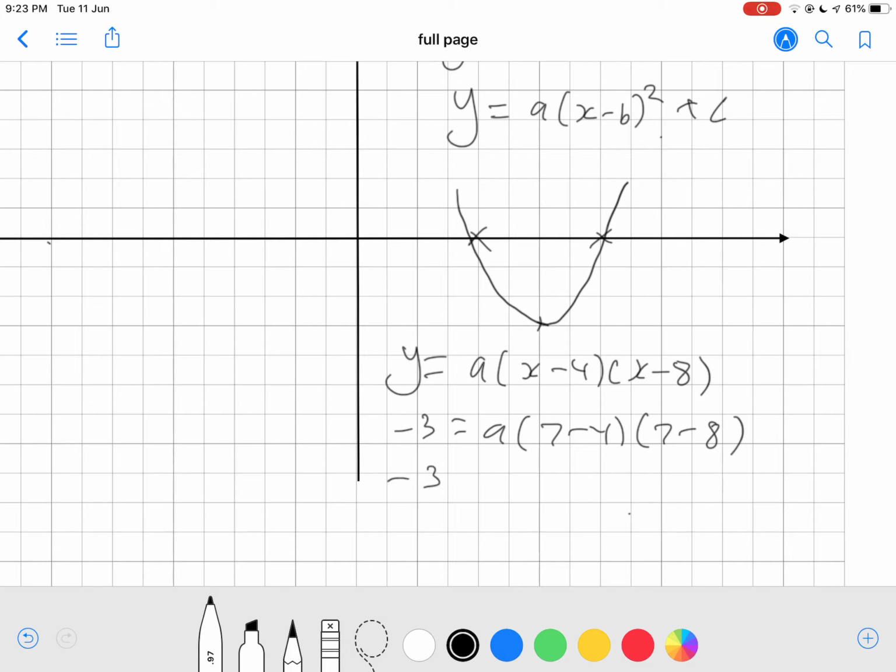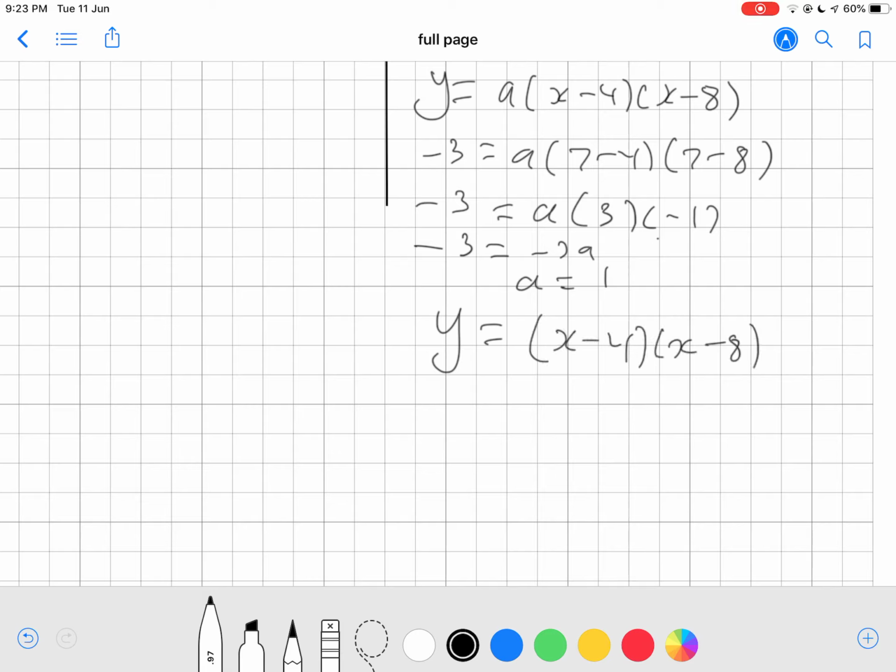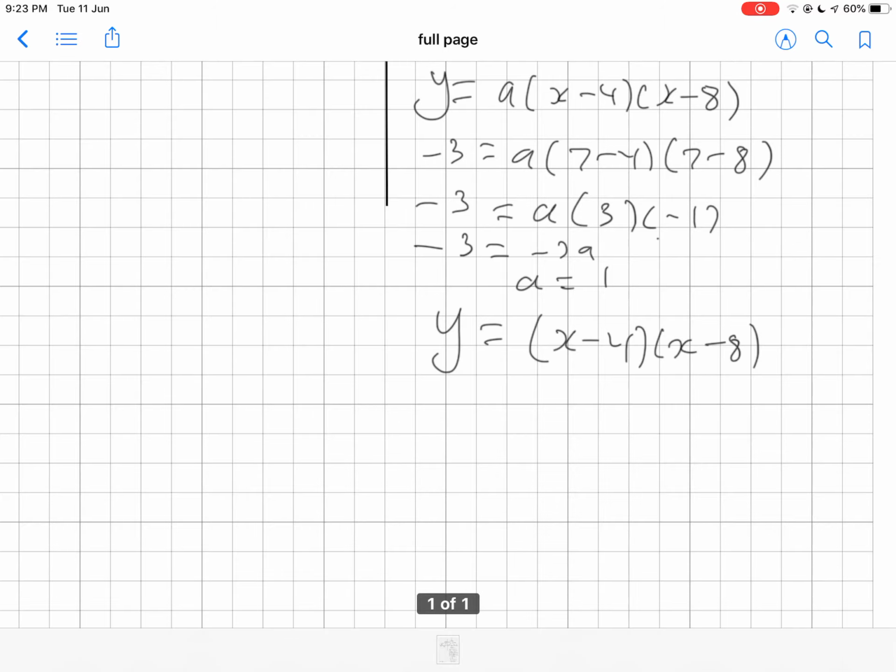Negative 3 equals a times 3 times negative 1, which equals negative 3a. Oh wow, a equals 1, so there's no a value. What a coincidence. So basically you say y equals (x minus 4)(x minus 8). All pretty straightforward here.